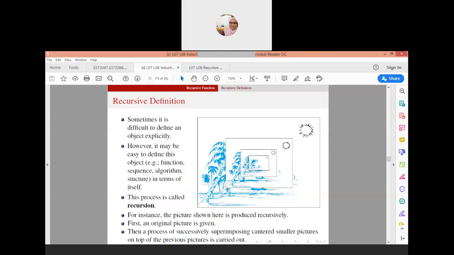Okay, what is recursion? From the translation, we know recursion is pengulangan. We ulang sesuatu maklumat tetapi dengan ada perubahan sedikit. For example, the original one is the biggest picture. Then we do the recursion, which is we make it smaller, but we use the previous information.